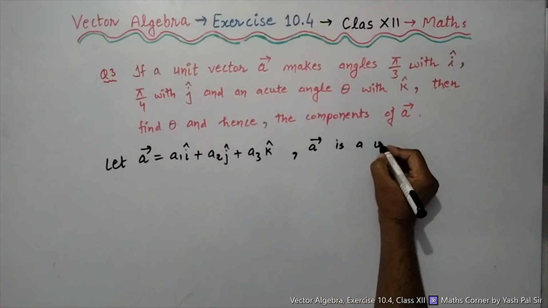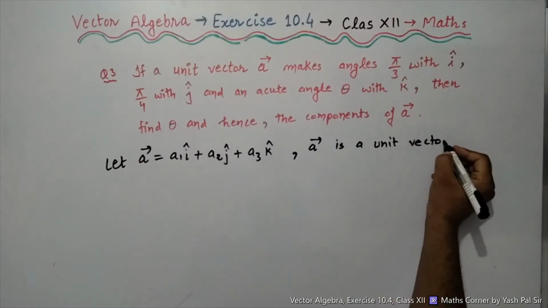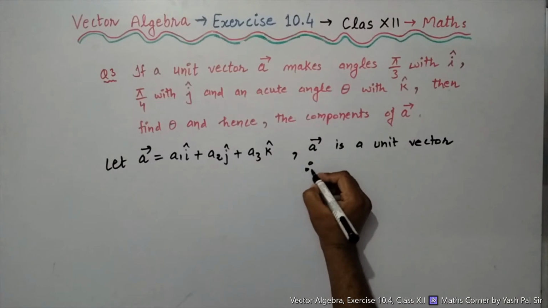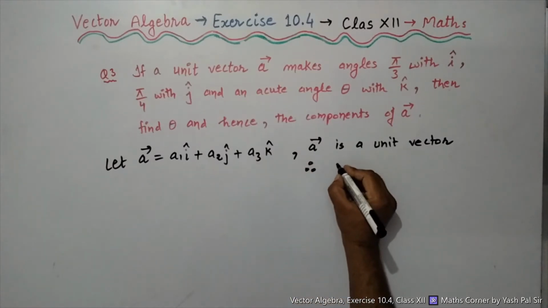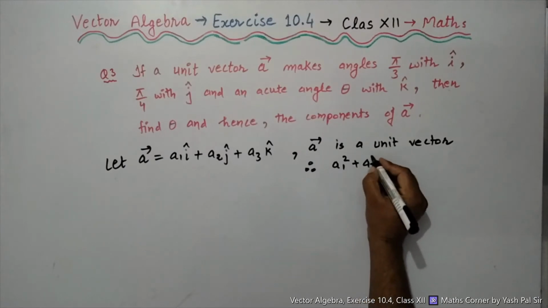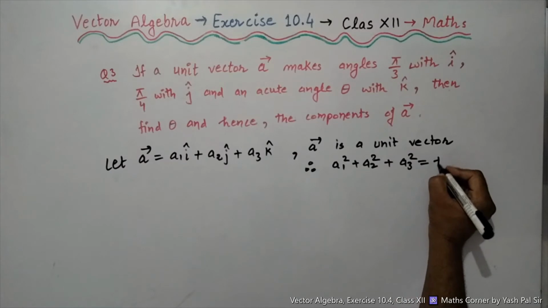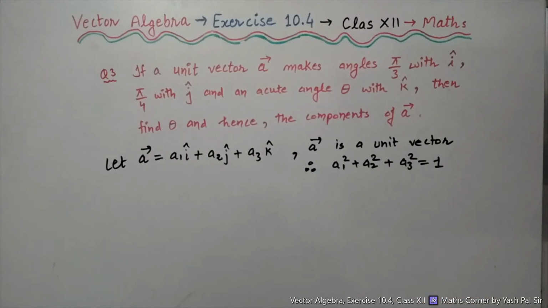Here we need to find the unit vector. A is a unit vector, therefore a1 square plus a2 square plus a3 square is equal to 1, right?